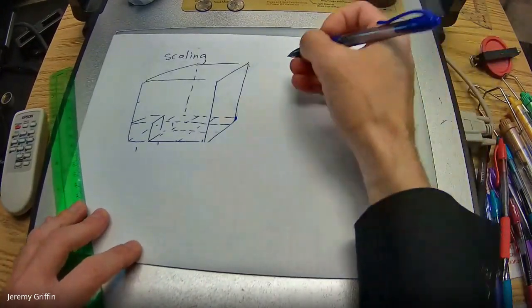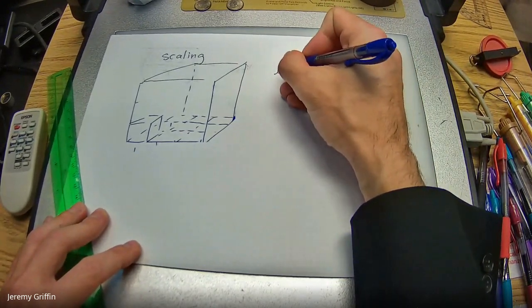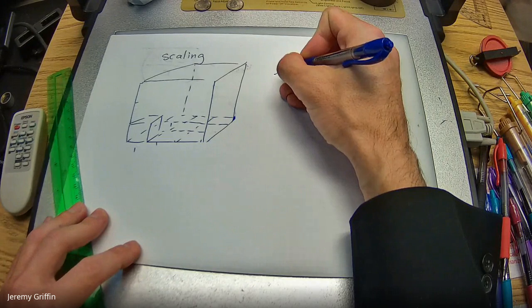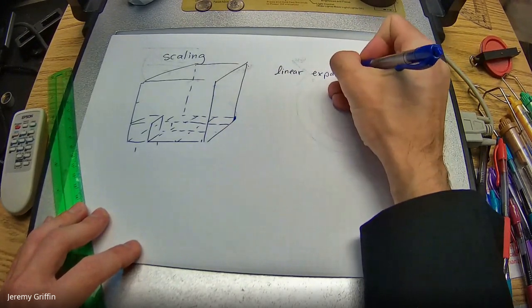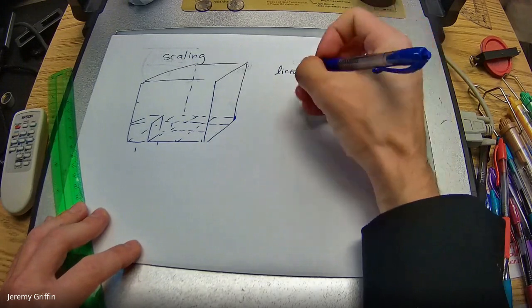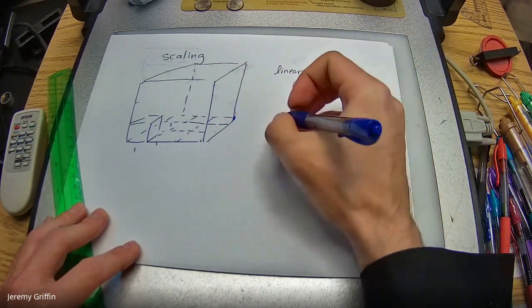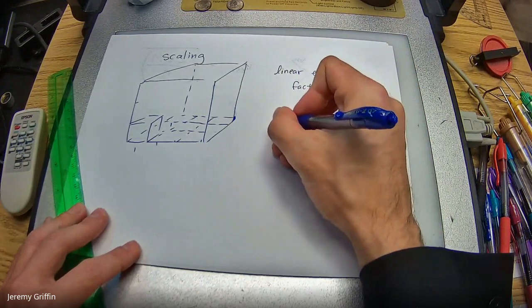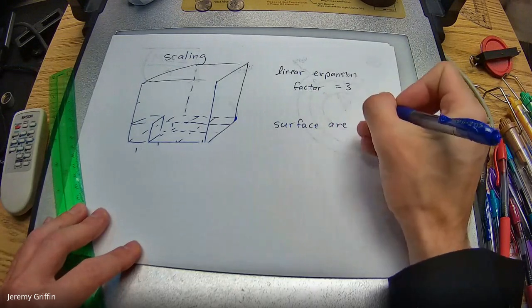Which makes me think, if there's a linear expansion by a factor of 3, then how does the surface area change?